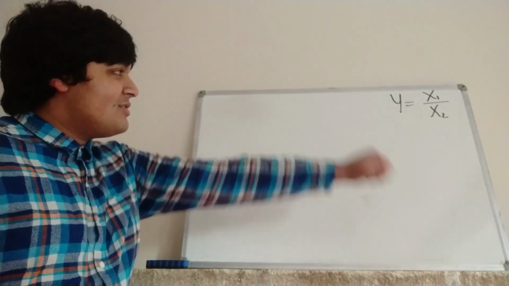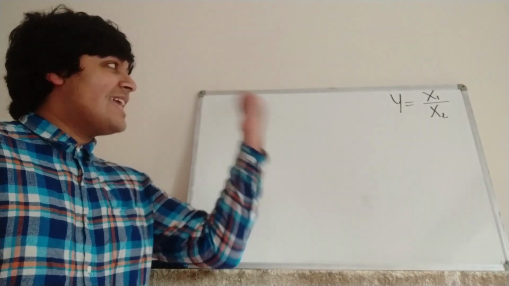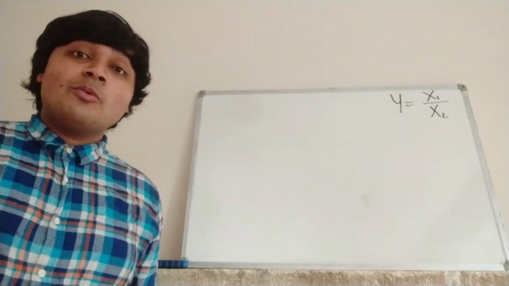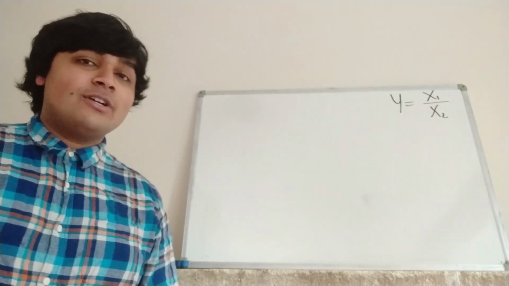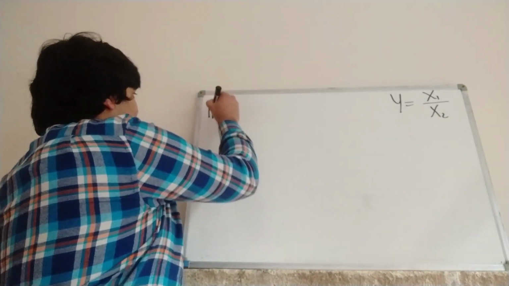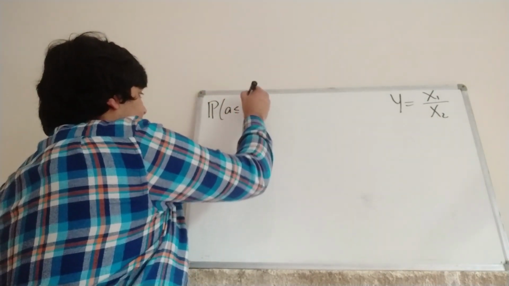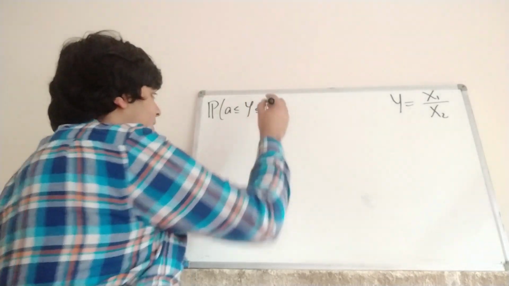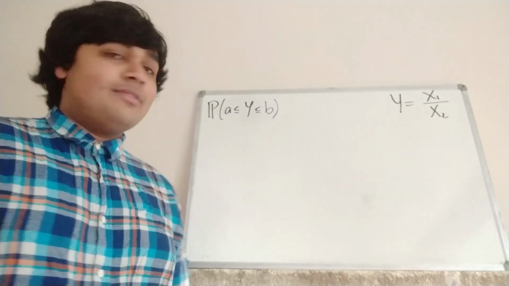Okay, so like I said, we've introduced this new random variable y, which is just x1 divided by x2, and what we want to do is work out the probability density function for y now. And to do that, firstly what I'm going to do is just consider the general probability that y lies between a and b, for a and b just some non-negative numbers.